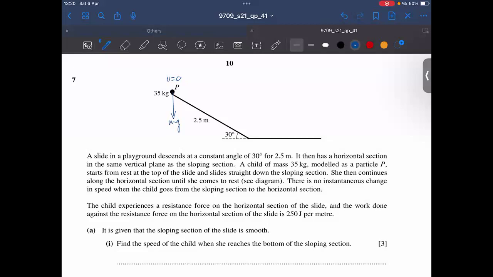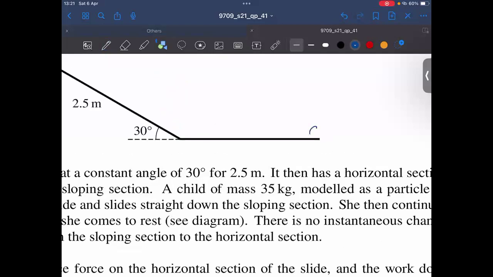She then continues along the horizontal section until she comes to rest. Okay, she comes to rest, let's suppose over here.